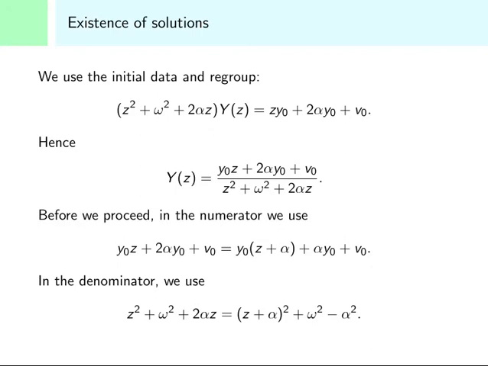Now, before we proceed with that, with some foresight, it will be helpful to actually rewrite the numerator and the denominator. On the one hand, the numerator can be rewritten as y0 multiplied with z plus alpha y0 plus v0. And in the denominator, we can complete the square, and so the denominator can be rewritten as the square of z plus alpha plus omega squared minus alpha squared.